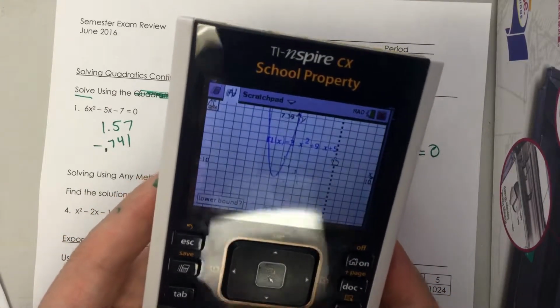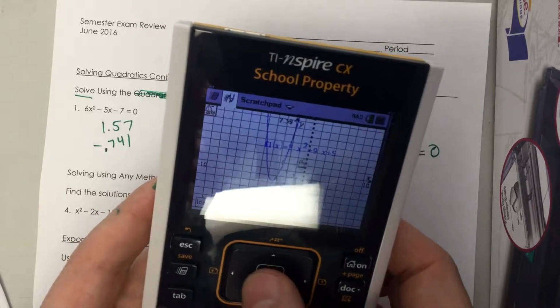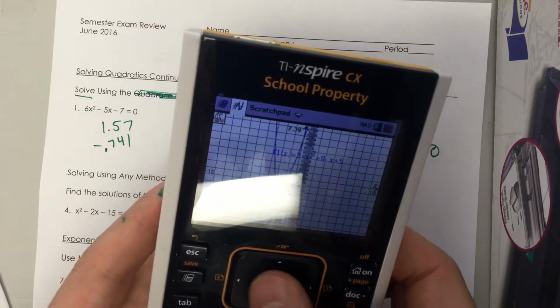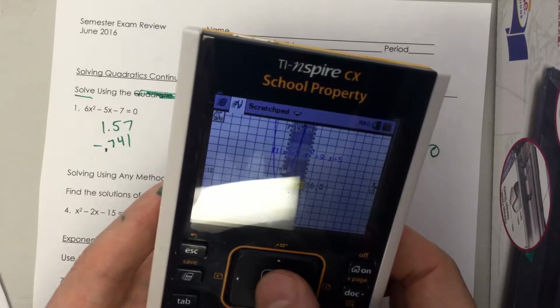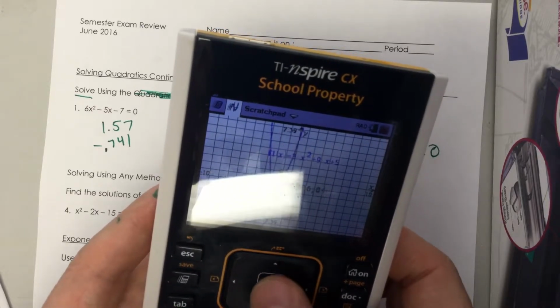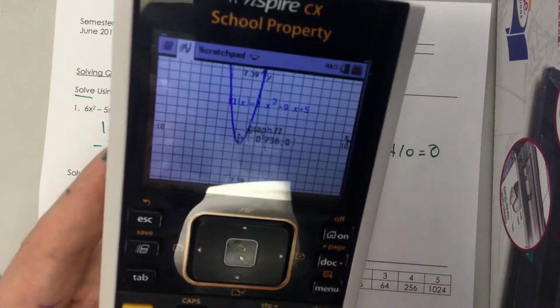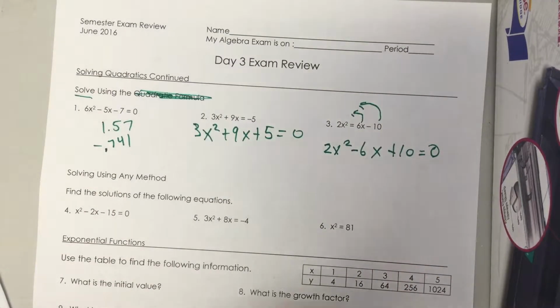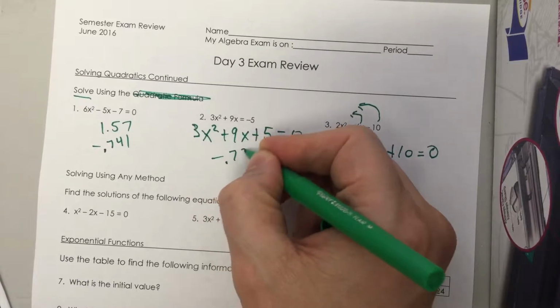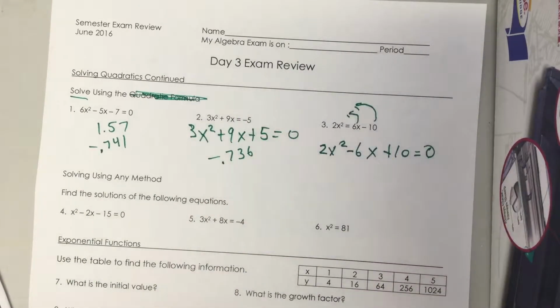Go to the 0. Get over here and drag until I get to that first 0. It pops up. Click it again. It's negative 0.736 comma 0. So I'm going to write negative 0.736. That's only one of them.